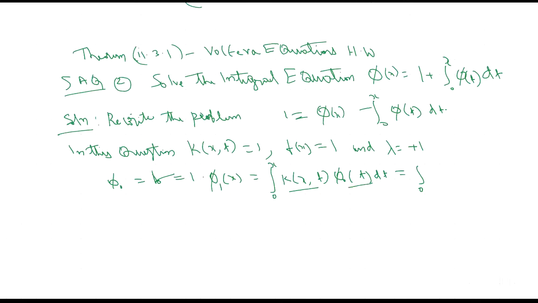So integration 0 to x dt is x minus 0, that is x.